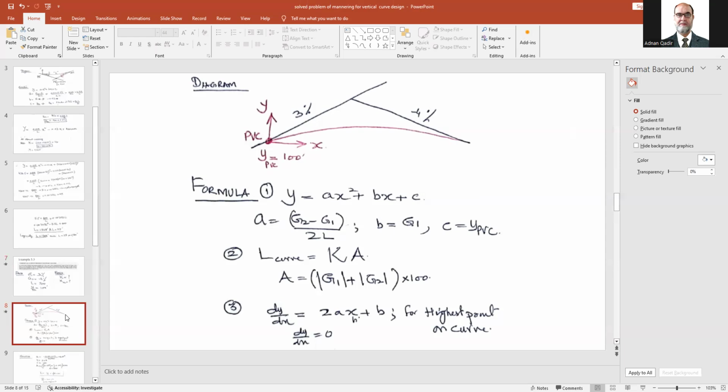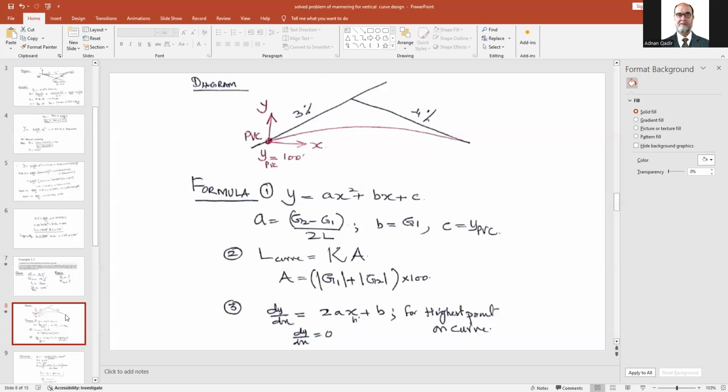We also know that the length of the curve is K times A, and A is the addition of the grades irrespective of the sign and multiplied by 100, most of the time, because normally we take G1 in terms of percent. So that is what you need to do.